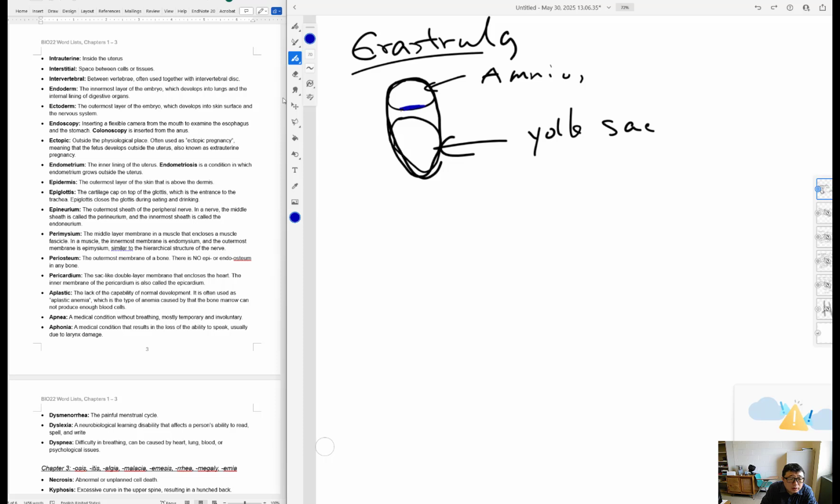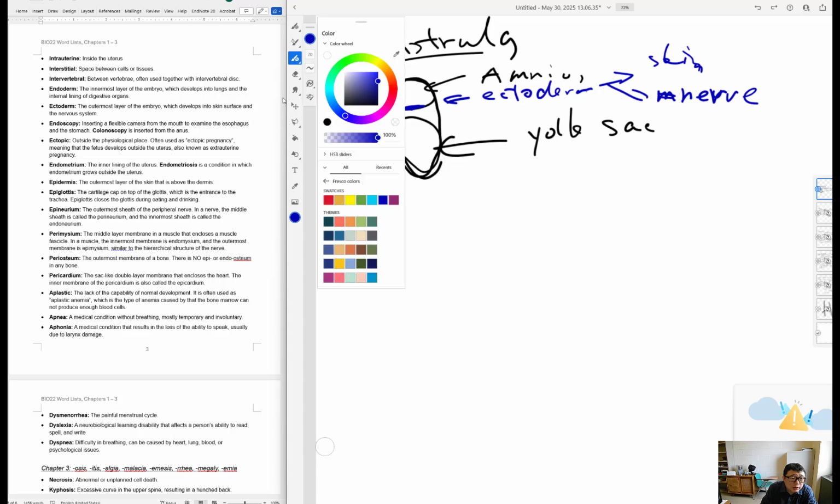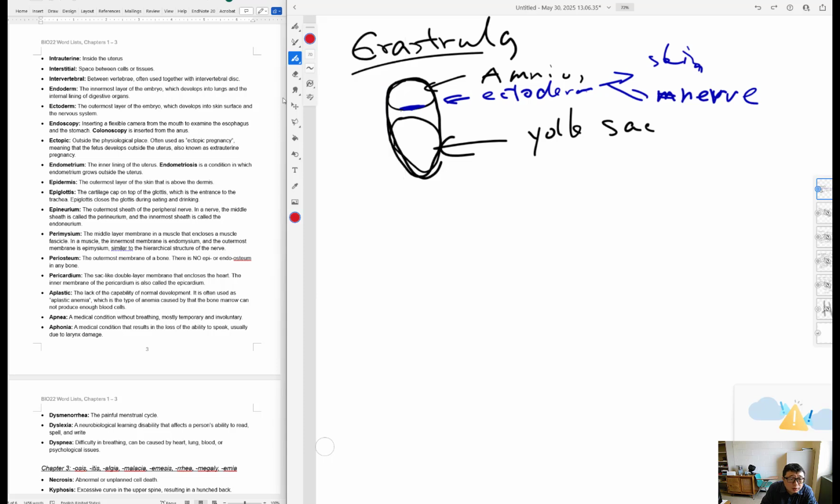The first layer is called the ectoderm, and the ectoderm will develop into skin and nerves, and the whole nervous system. In the middle is called the mesoderm.